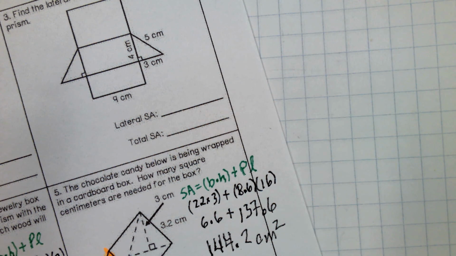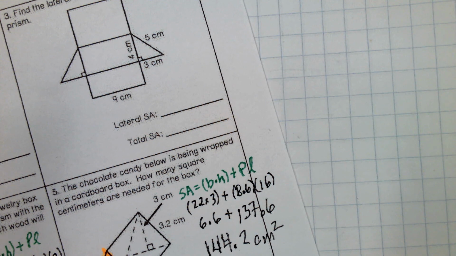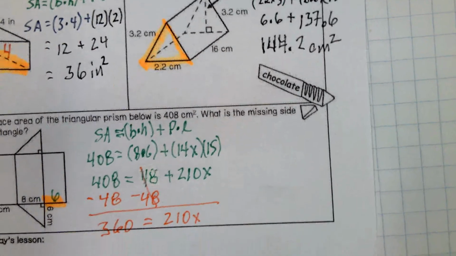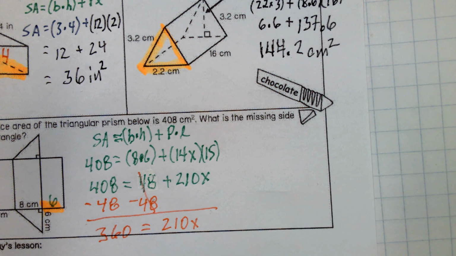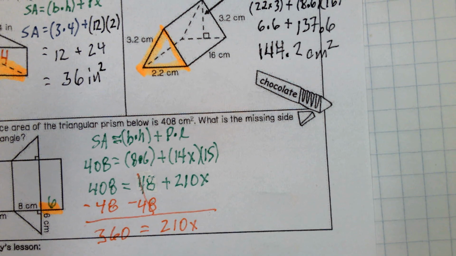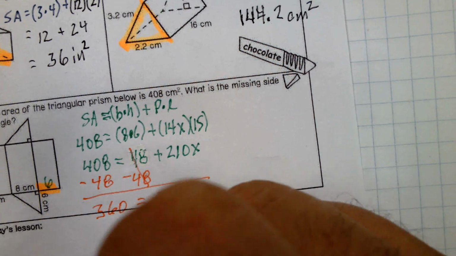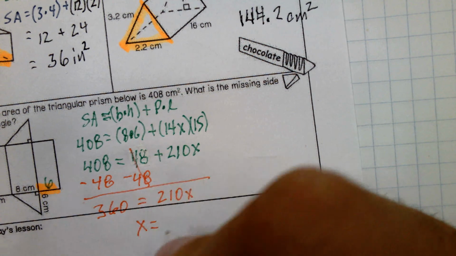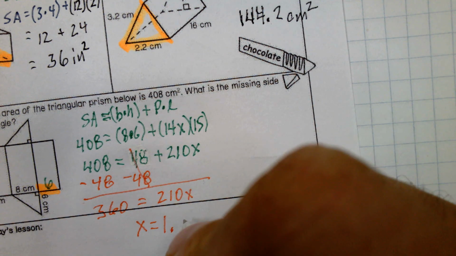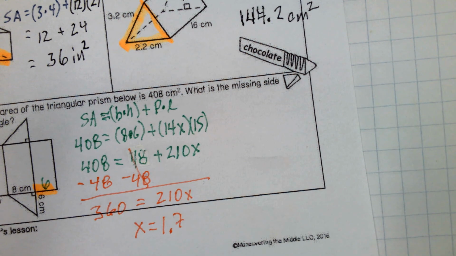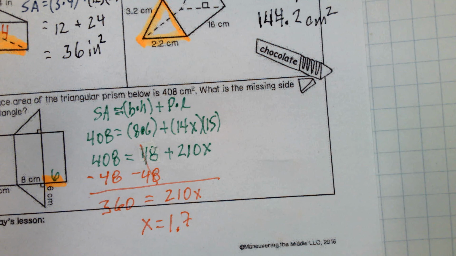What answer do we get? May not be a pretty one, but what do we get? Round it to the nearest tenth. X is 1 point. It's not drawn to scale, but it's an answer.